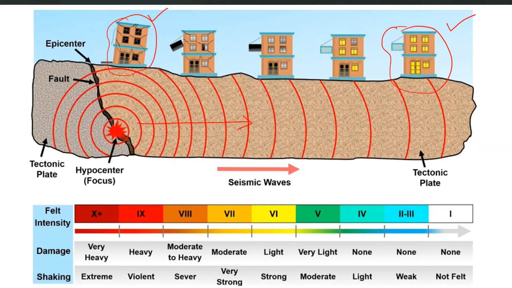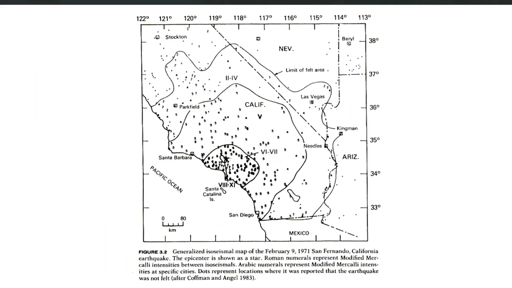It depends on the size of the earthquake also, the size of the rupture also, as well as the distance from source to the site also. In general, as you move away from the source, the damage will reduce, the shaking will reduce, or in fact the felt intensity will reduce. So there are different scales which classify the ground shakings into different levels, and those are called the intensity scales.